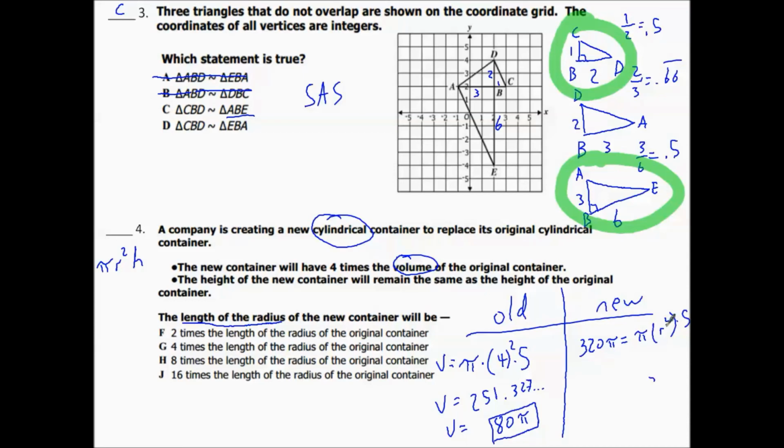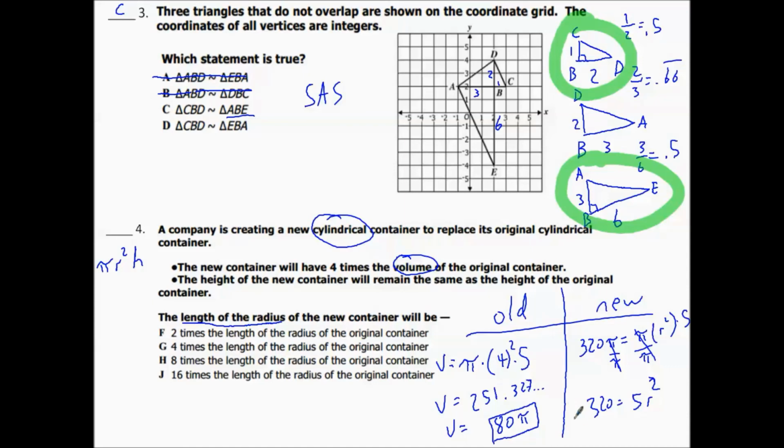Okay, well, if I'm solving for a variable, just think of that like your x or an x squared. Divide by all these numbers multiplying it. Divide both sides by pi. They'll cancel out. You're left with 320 equals 5r squared. Divide by 5, because you cannot take the square root yet. Got to solve for r squared first.